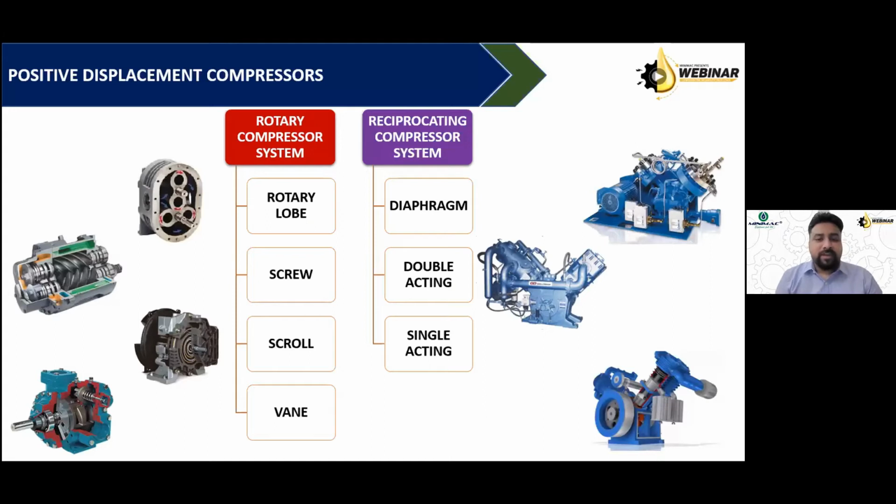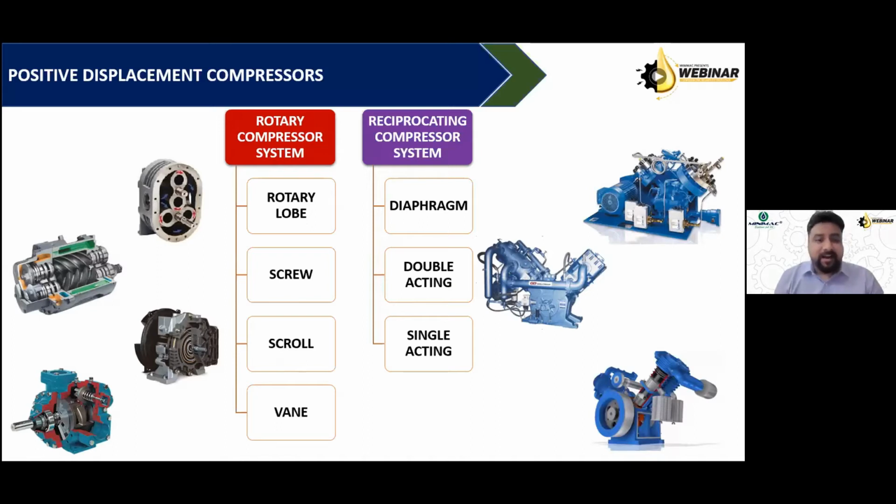So before we get into the topic of compressor lubrication, we need to understand what types of compressors are present in our industries. So broadly, the compressors are of two types. One is positive displacement compressors. So this entire slide, which you can see in front of you, is all positive displacement compressors.